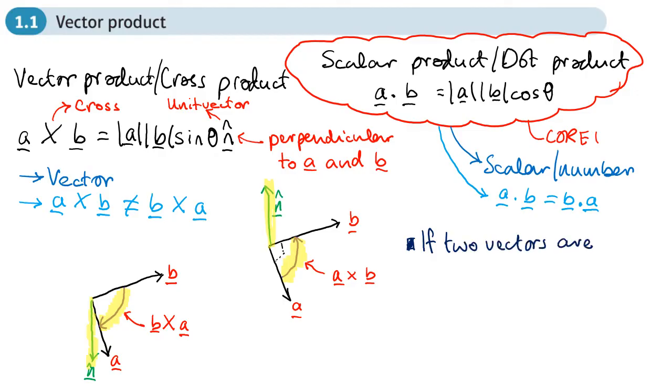If they're parallel, then the angle between them is 0, which means that in the definition for the cross product we'd end up doing the sine of 0, and the sine of 0 is 0. So the whole cross product ends up being 0.